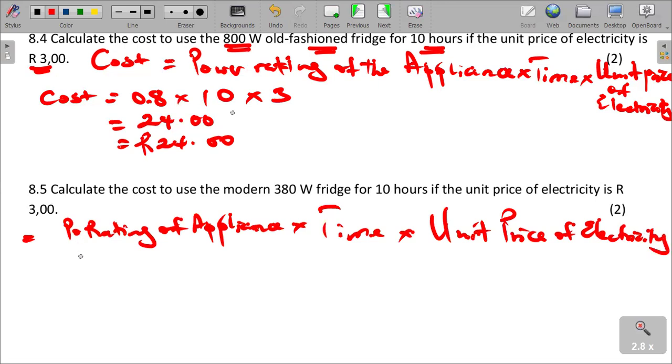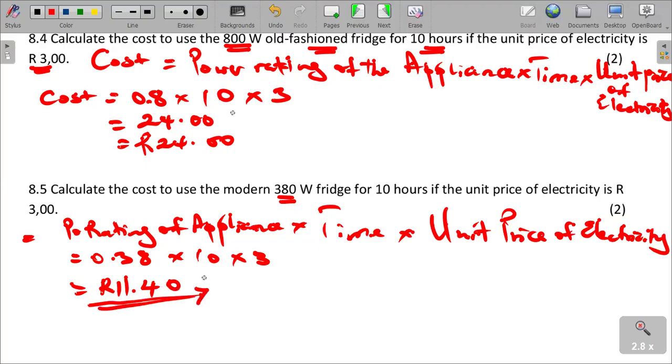We do the same again. We need to convert this power to kilowatts, so we have 0.38, which is our power rating. 0.38 multiplied by 10 multiplied by 3 gives us, in money units to 2 decimal places, 11 rand 40 cents.